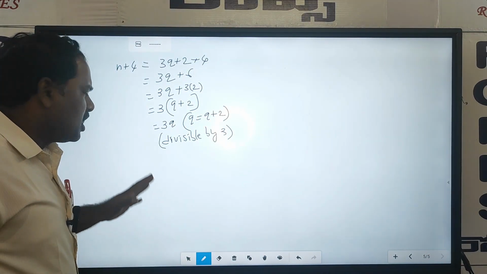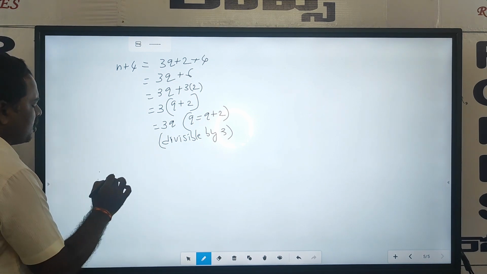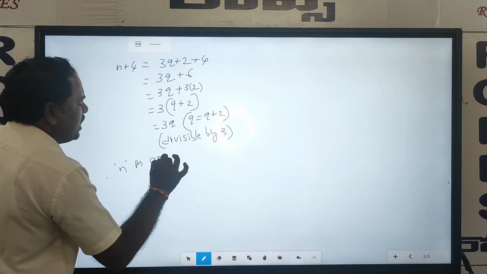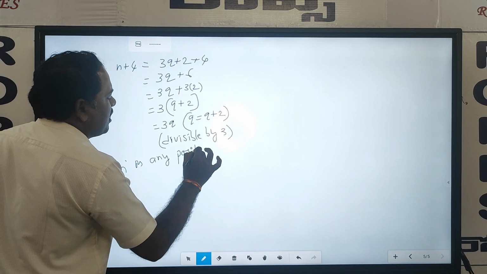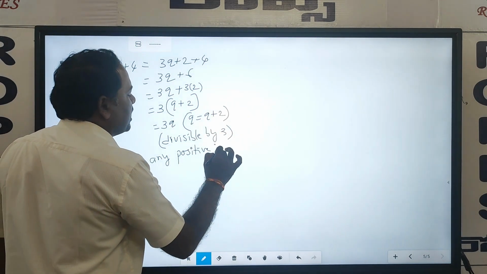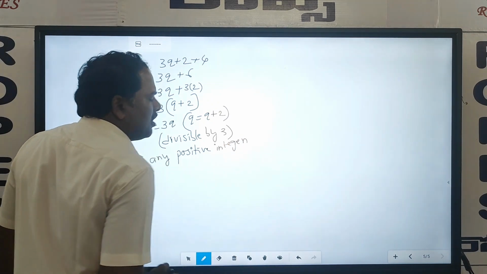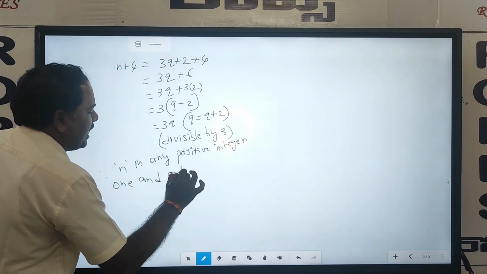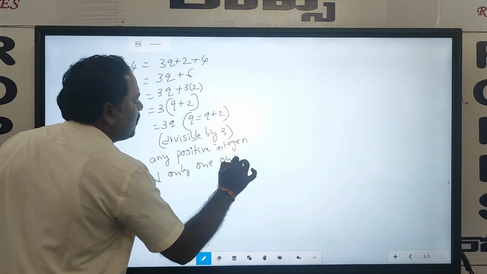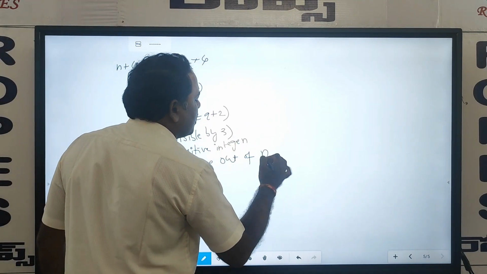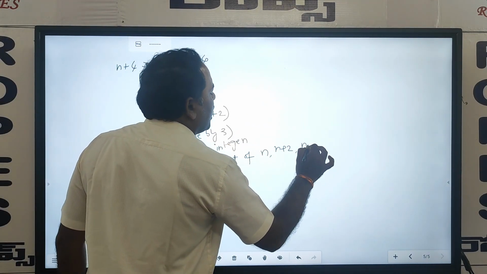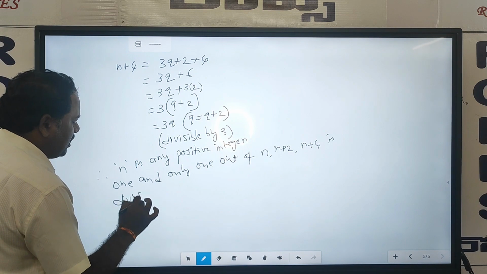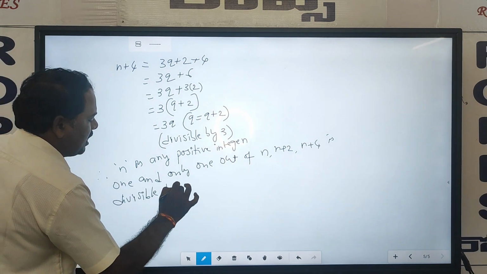So from this we can write the conclusion: if n is any positive integer, then one and only one out of n, n plus 2 or n plus 4 is divisible by 3.